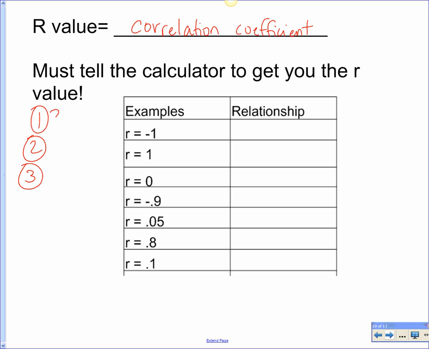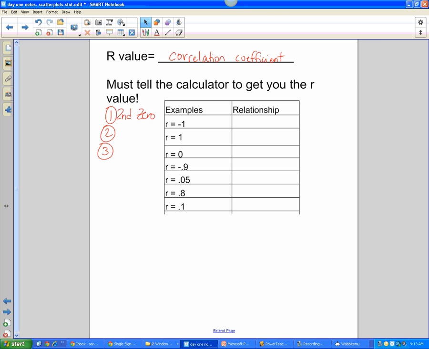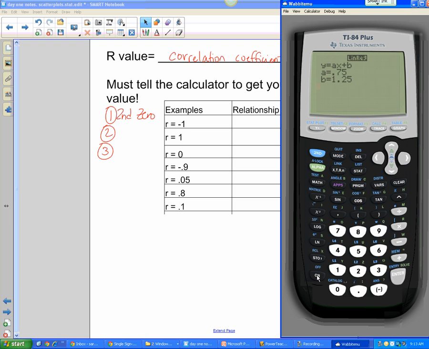All right, you're going to hit second 0 on your calculator. That's the first step. You hit second 0. Second 0.